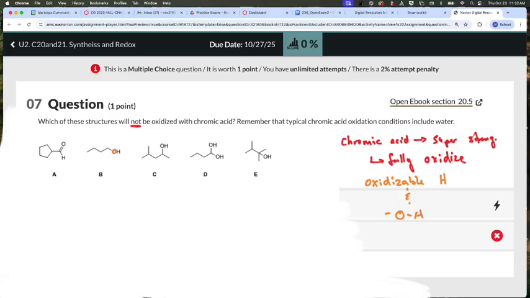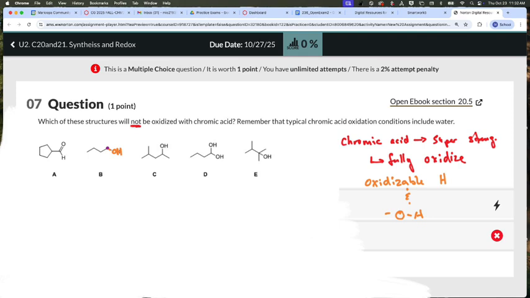We for sure have that OH. When we're talking about the oxidation, we're referring to the carbon where that oxygen is connected. So we look at that carbon and ask, does that carbon satisfy the two conditions that I need? Do I have the OH? Yes. Do I have an oxidizable hydrogen? The oxidizable hydrogen is a hydrogen that is connected to that carbon.